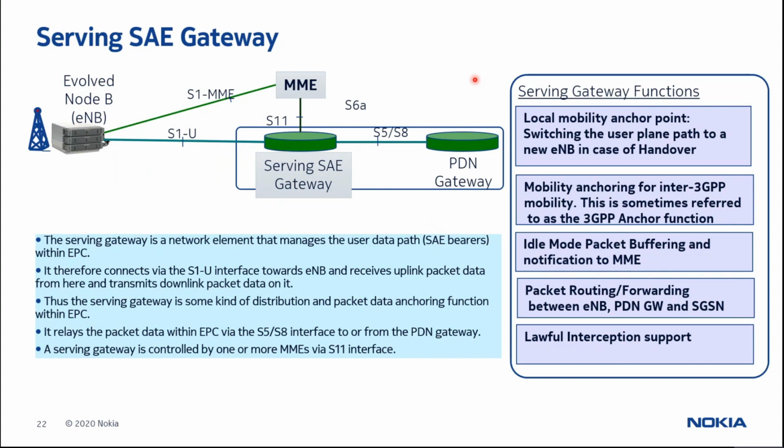So when the eNode B gets changed, the direct connection between the eNode B and the serving gateway, what you call as user plane, will also get changed.